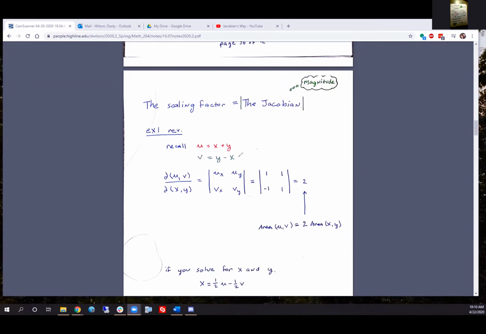And the formula for the Jacobian of uv with respect to xy would be the partial of u with respect to x, partial of u with respect to y, partial of v with respect to x, partial of v with respect to y. And then, does anyone remember what those little bars represent in this case? It's a determinant. That's a determinant, exactly.